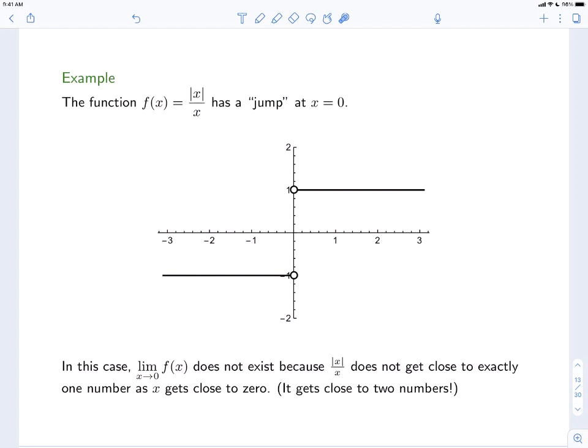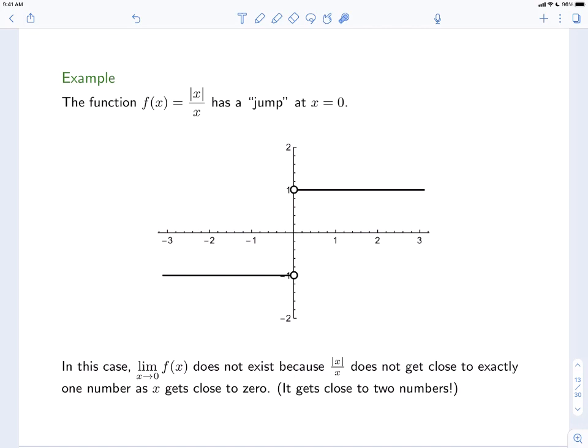On the other hand, if you're looking at negative values, then the absolute value of x is the opposite of x. So you're looking at the opposite of x over x, which gives you a negative 1. So when your x values are positive, you always have 1. So the limit as x approaches 0 from positive values is 1.